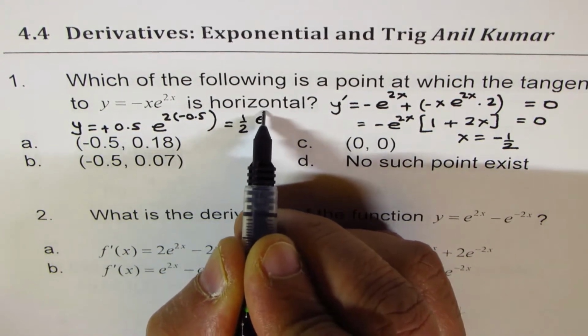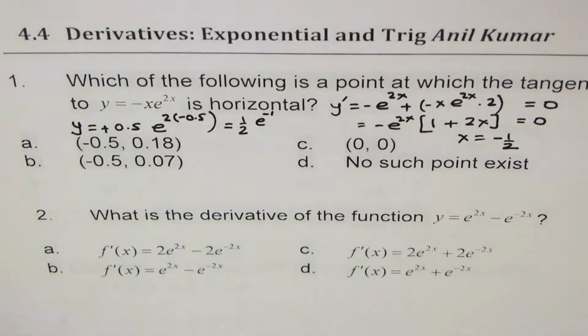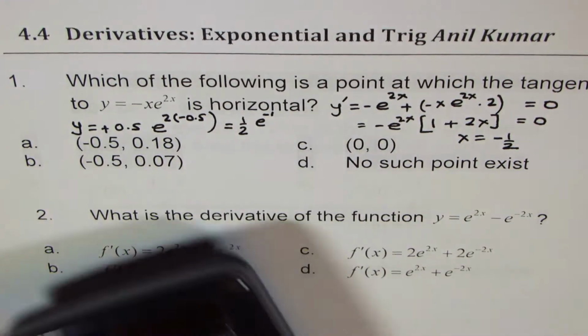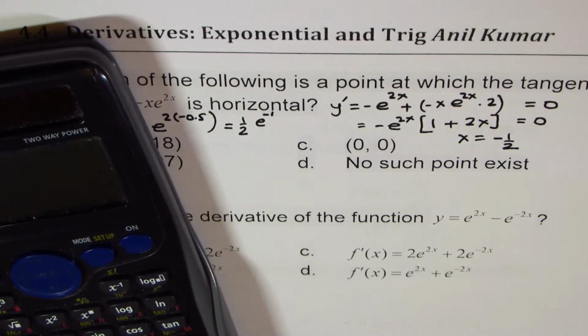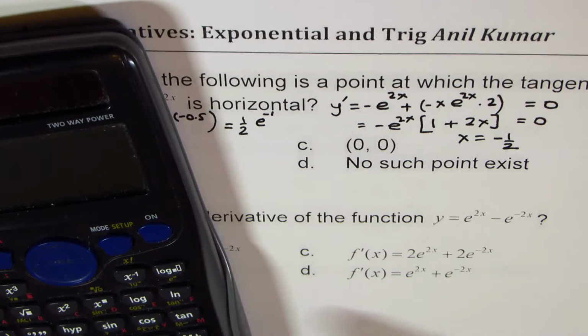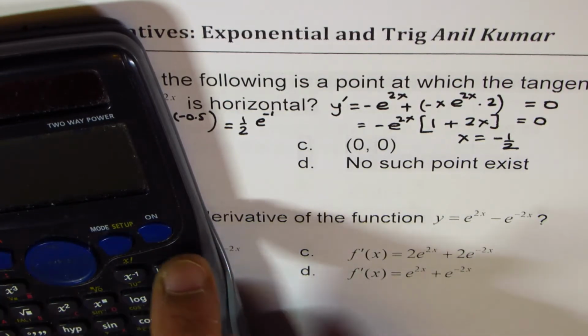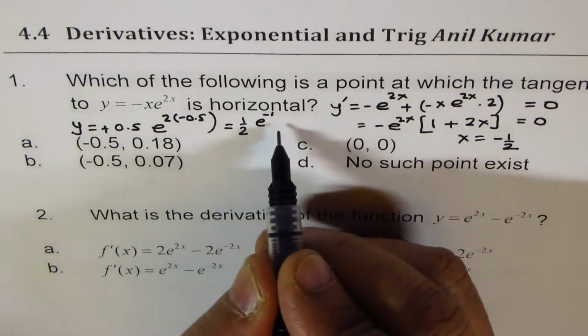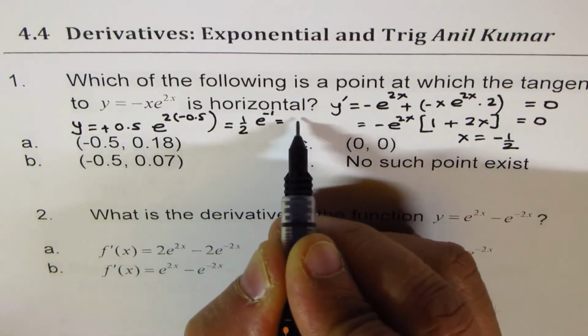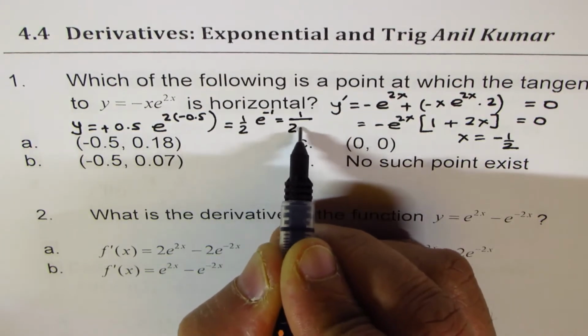So now we can find the value, which is half of e to the power of minus 1, so it is 0.5 times 1 over e. Basically it is equal to 1 divided by 2e, correct?